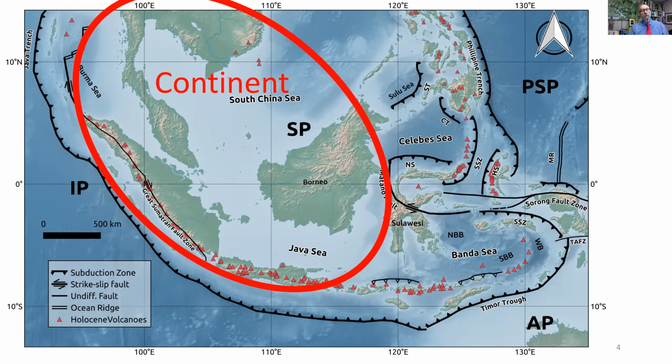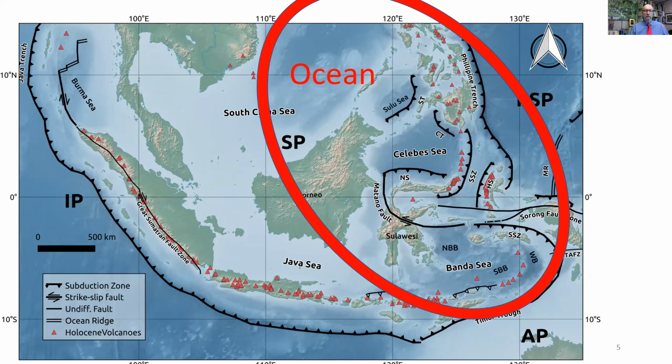So basically we can divide our study area into continental region, which has a thickness of about 40 kilometers. And there we have stable subduction taking place. An oceanic regime ranging from the South China Sea down to the Banda Sea. And there we find complicated geometry of all the subduction systems.